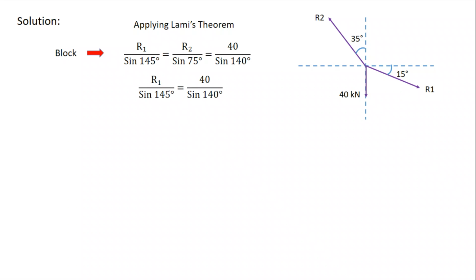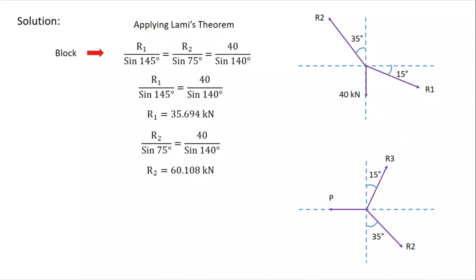So just equate the first and last terms and simplify. Do the cross multiplication and divide by sine 145. Then R1 will be 35.694 kilonewton. Similarly for R2, equate the second term and last term, and after simplifying, R2 will be 60.108 kilonewton.